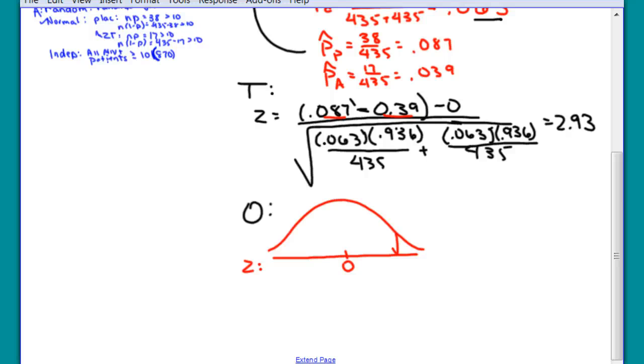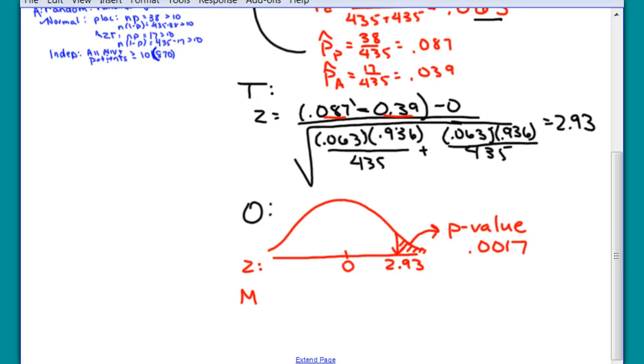I got a z-score of 2.93. What is the likelihood of getting a value like that or one more extreme? When I look that up on my z-chart, I came up with a p-value, that's a probability value, the probability of getting a difference as extreme as I got, of 0.0017. It's a pretty small probability.